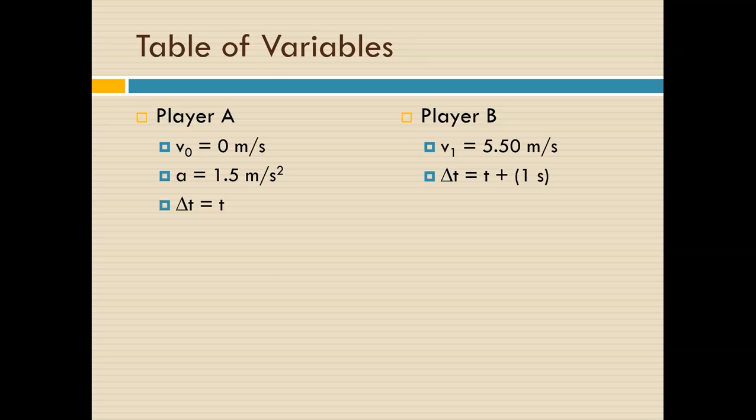Now, what that means is we have two types of motion. Player A is a constant acceleration motion. Player B is a constant velocity motion. That means the equations for player A would be the constant acceleration equations. The equations for player B would be the constant velocity equation. You see where we're going here, right? Those are the tools we're going to use in our toolbox. We have to recognize what the problem is, and then we grab the tools appropriate to that.